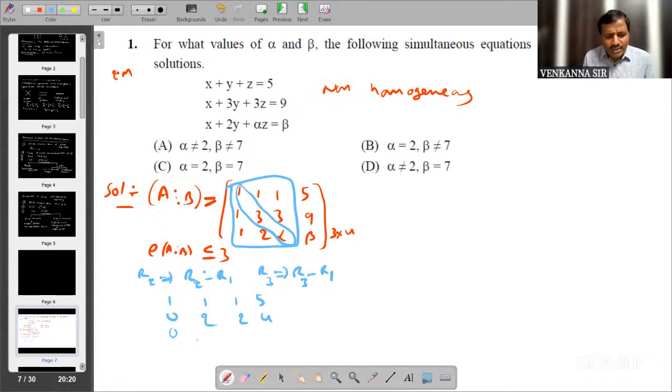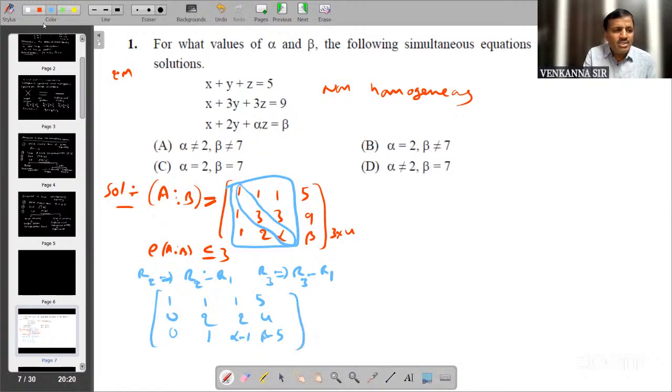See, R3 minus R1, what is R3 minus R1 here? This is 2 minus 1 is 1, alpha minus 1, beta minus 5.